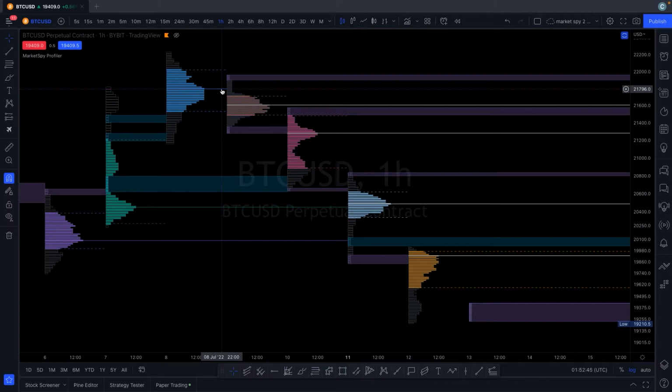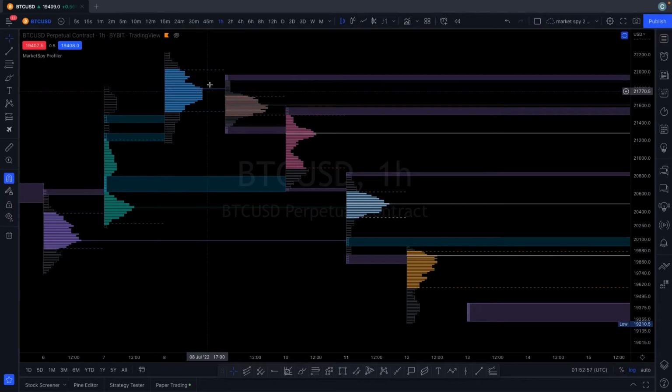And the point of control is what is considered fair value for the day, meaning the price spent the majority of its time at 21,800 on this day. And on this day back here, same thing, it was 20,460.